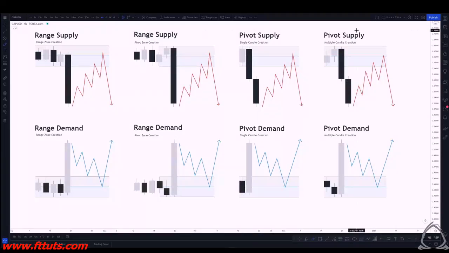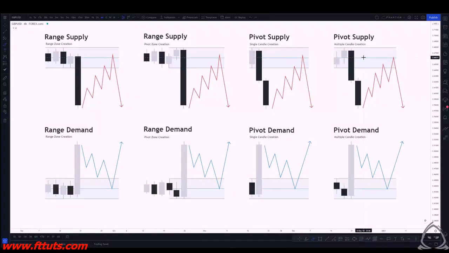And the same can be said for the multiple candle creation, where we have something like that, where we have this pivot in price, or if we have a reversal, we have that pivot in price. Regardless of how you're looking at it, all the models remain the same in what we're looking to do. We see it being created, and it's our job to map out the zone in which way that we feel is the most high probability for our trading style.